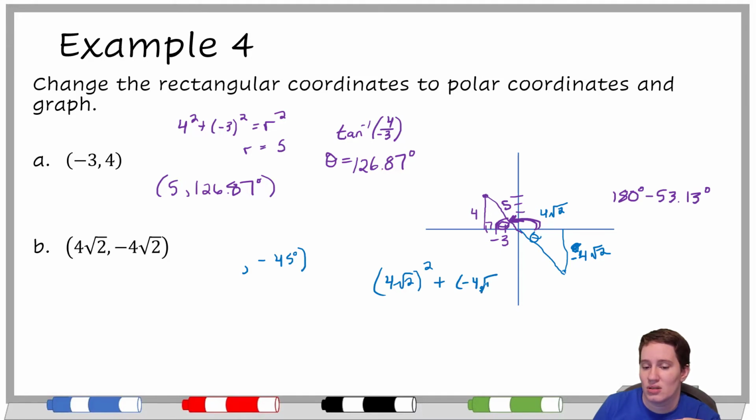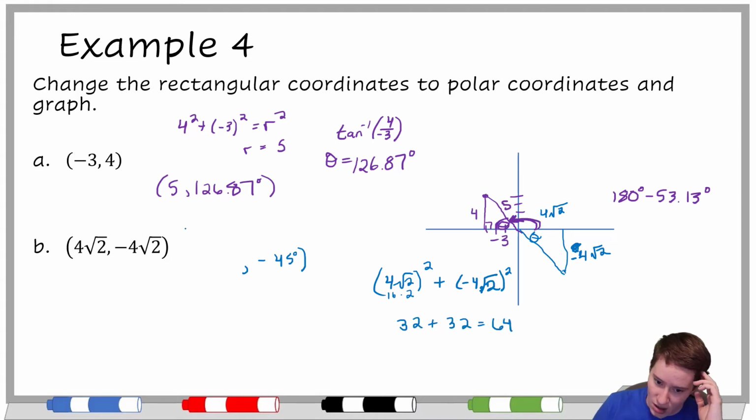If you do the Pythagorean theorem, when you square 4 square root of 2, it squares the 4, so you get 16, and then it squares square root of 2, so you get 2. So this would be 32 plus 32, which is 64. And then we square root and get 8. So the radius of this is 8. So 8 comma negative 45 degrees.